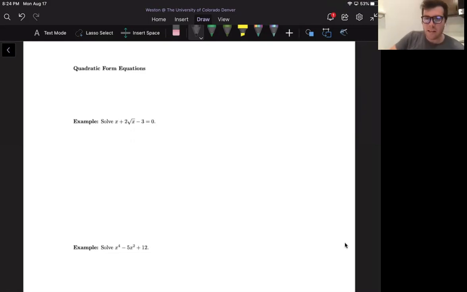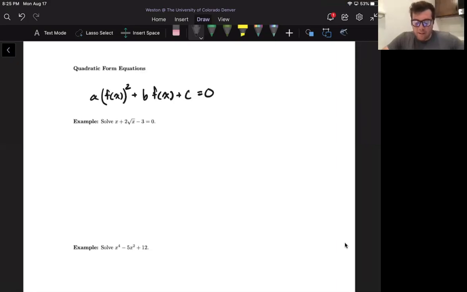So something is in quadratic form if it looks like some function f of x squared, plus, and there can be coefficients out in front, plus b f of x plus c equals 0. So it's really just some equation where we see an expression involving x that's just repeated.